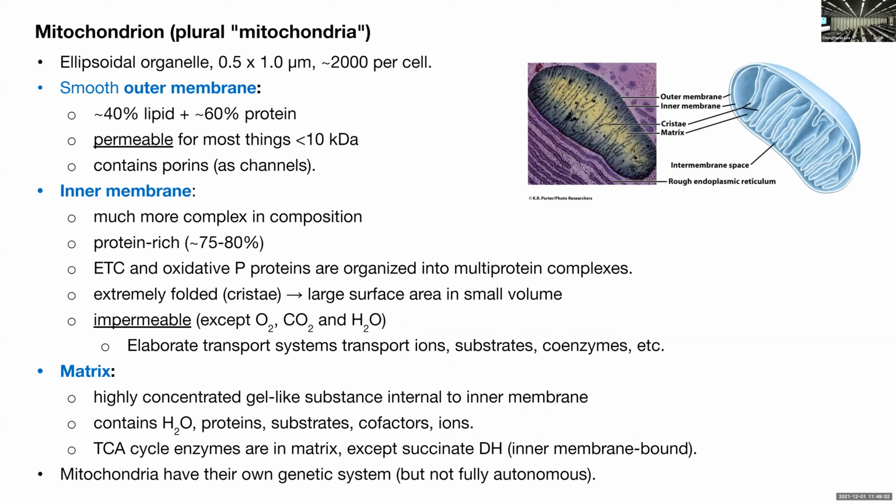Okay, so mitochondrion is the singular, and the plural form is mitochondria. When you look at just a single blob of mitochondrion, it has an ellipsoidal structure with a size of about 0.5 by 1.0 micron. So it's fairly small. It's much smaller than a nucleus.